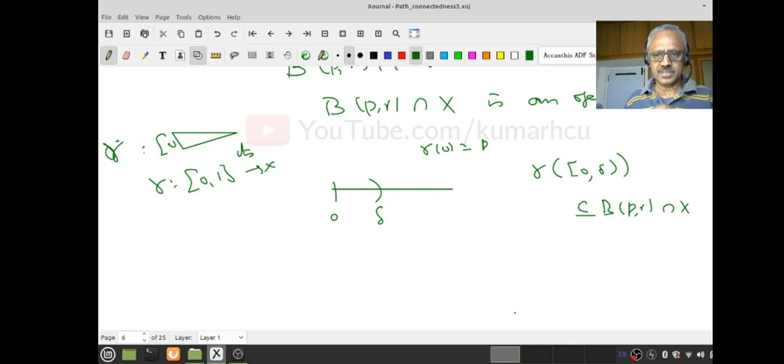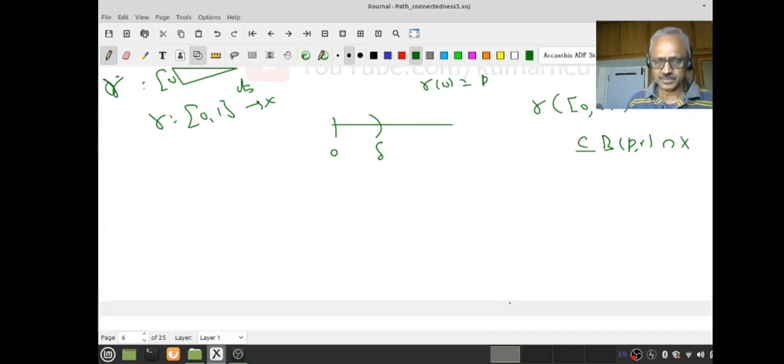It is continuous at 0. I have given an open set containing gamma(0), therefore there exists an open set containing 0 which is mapped into this set. I hope all of you understand continuity well. Do all of you agree with that? Now remember, since gamma is continuous, what do I know about this interval [0, delta)?